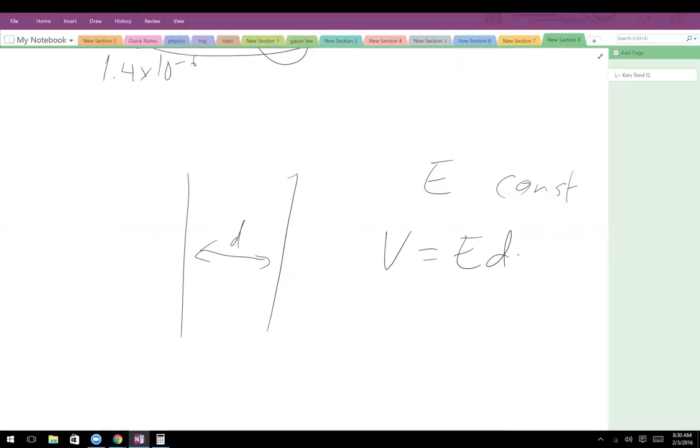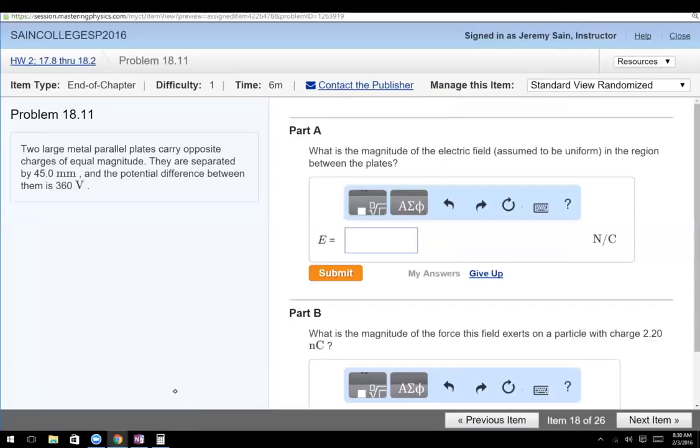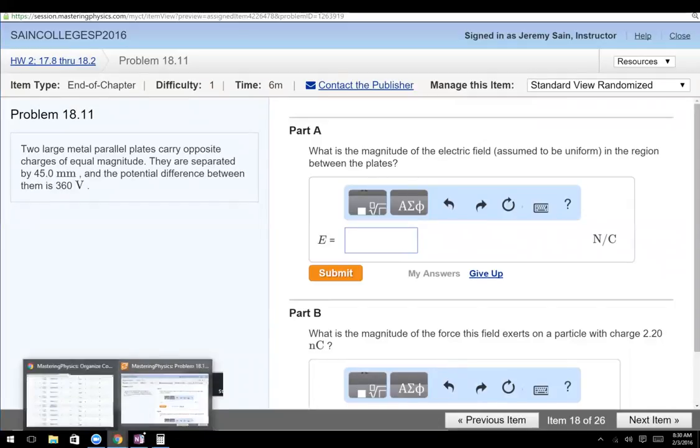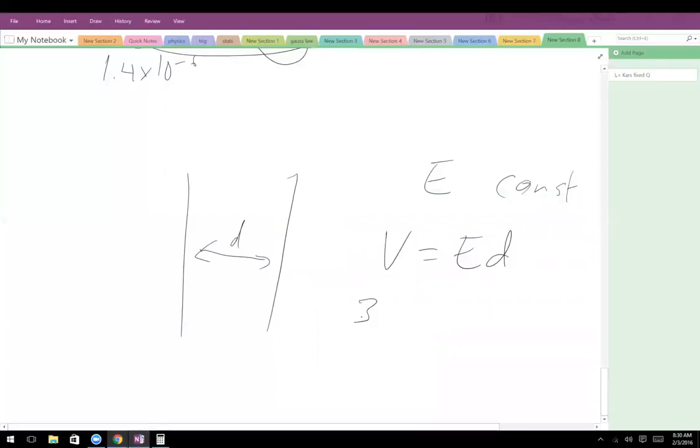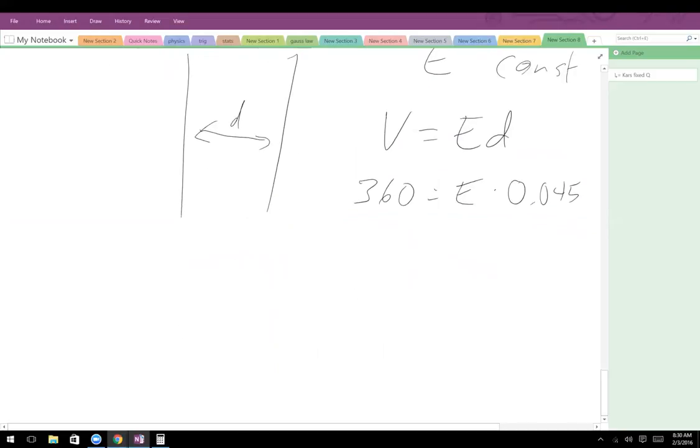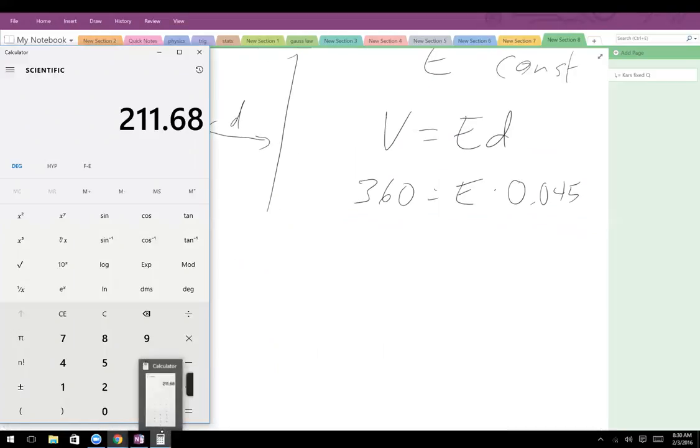So, going back, 360, that's 0.45. So 360 is E times 0.045. Not too difficult. You like that algebra, don't you? So apparently we got 8,000 for E.